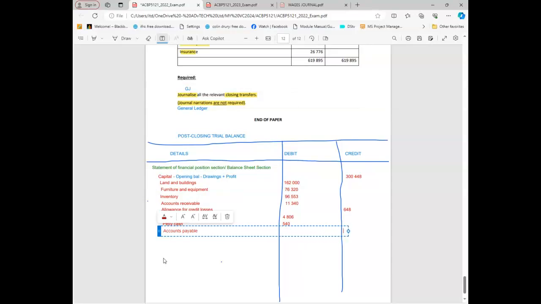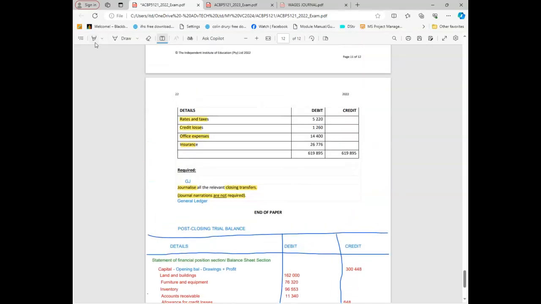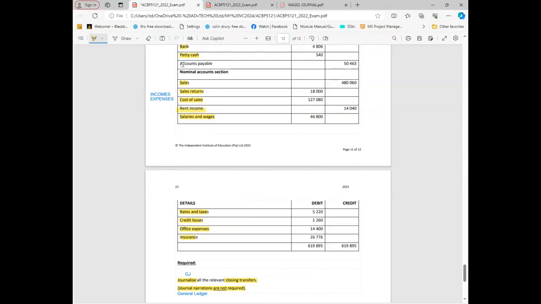The amount is 50,463. Thank you. What is the other term for accounts payable? Creditors control. Perfect.